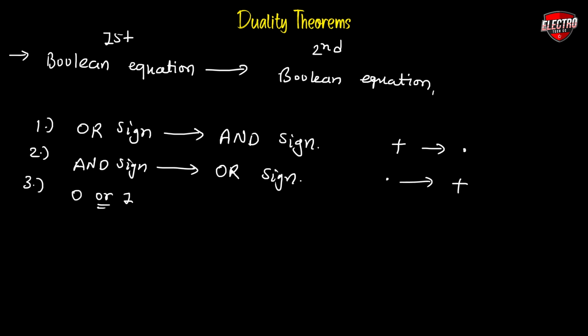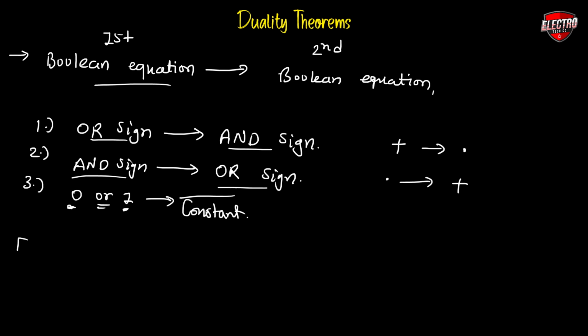Okay, in the first equation, if you have an or sign, then convert into an and sign. If you have an and sign, then convert into an or sign. And if you have a 0 or 1 in the given Boolean equation in the form of a constant, then take the complement of that constant.